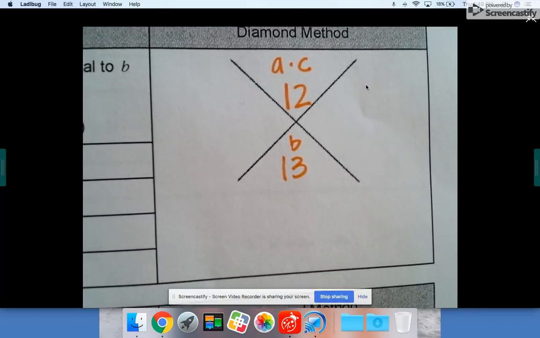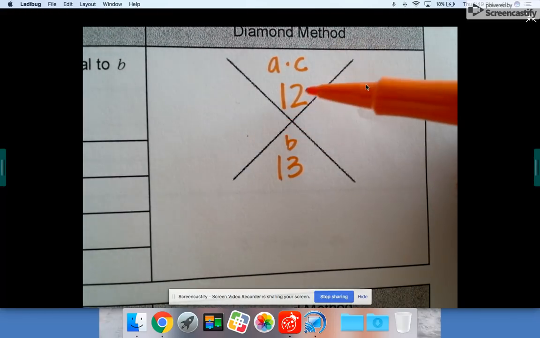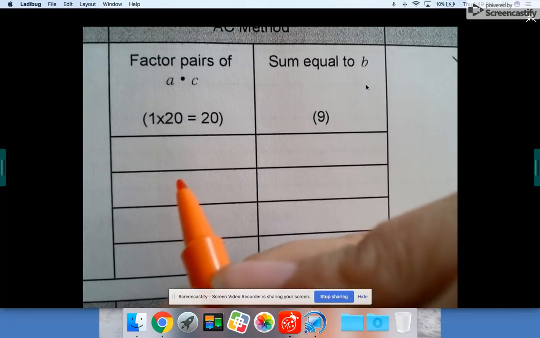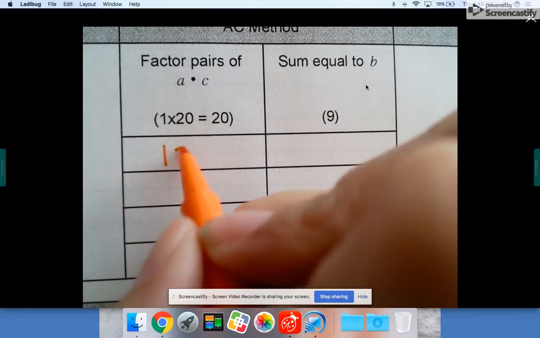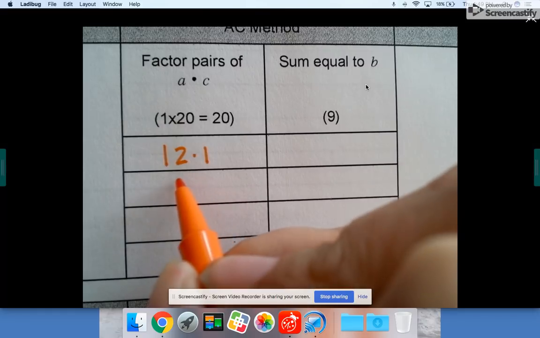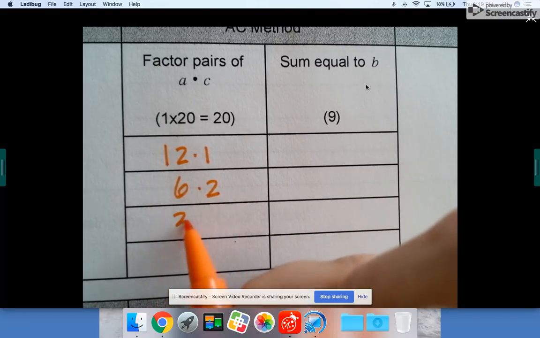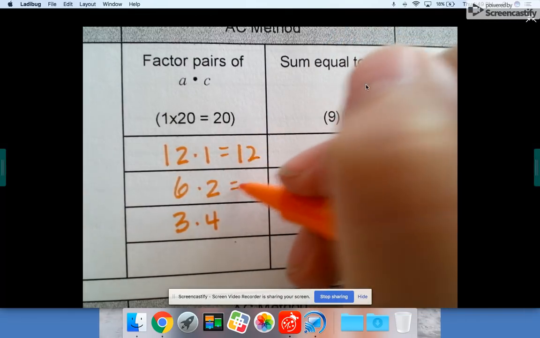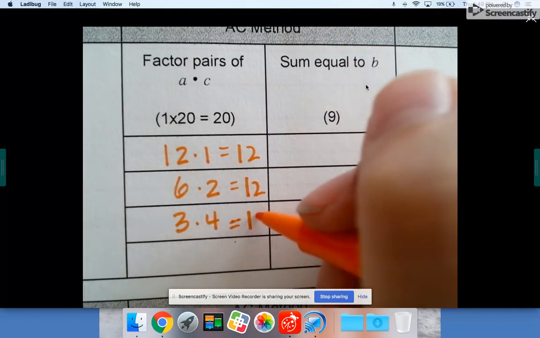All right, so what two factors of 12 add up to 13? Let's see. You can go ahead and use this space if you want: 12 and 1, 6 and 2, 3 and 4. Those are the only factors that equal 12. So which ones of these would add up to 13?